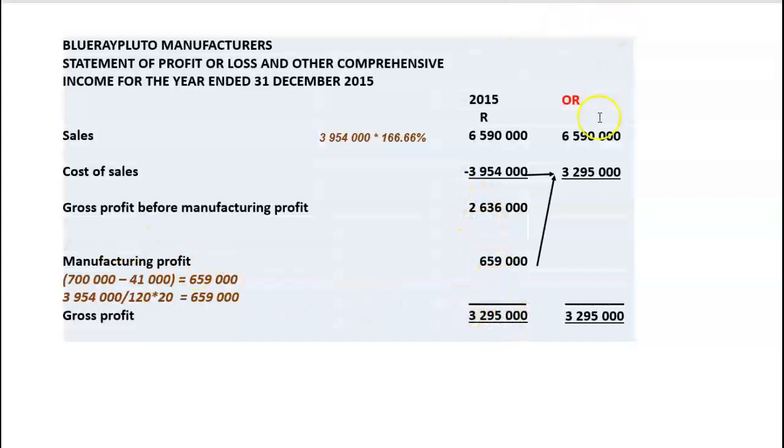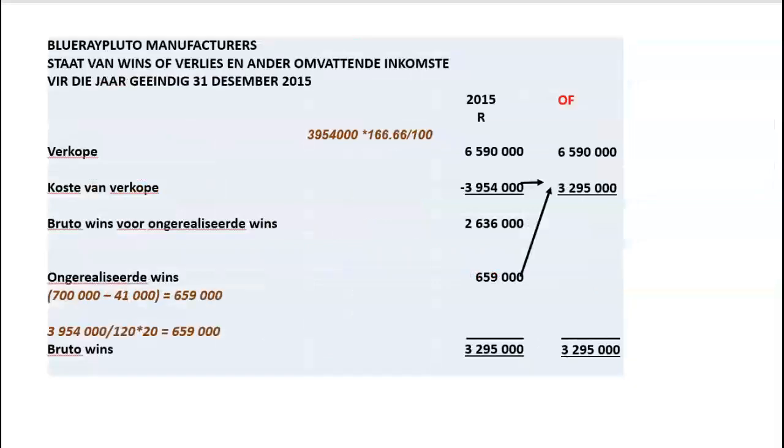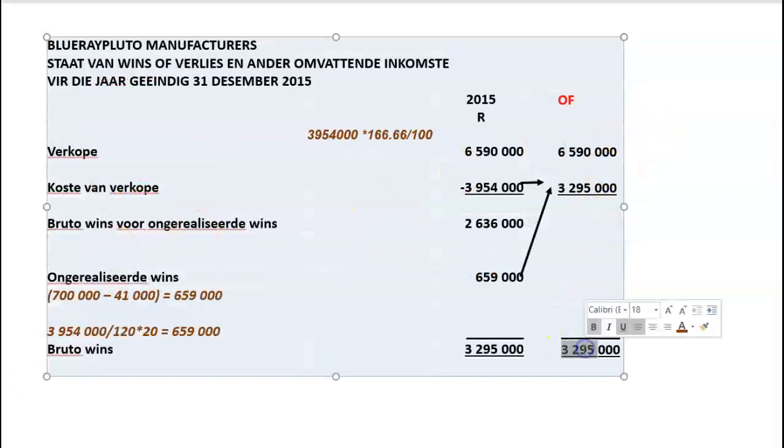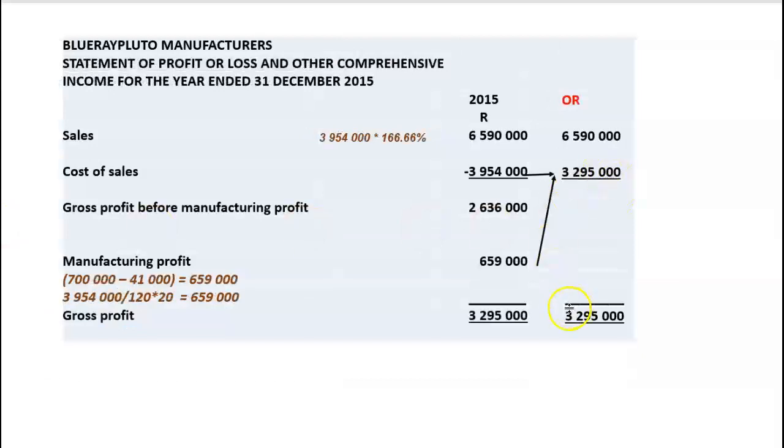Now, what I would really suggest that you do is this one here. Where did I get that 3,295? That 3,295 was purely the 3,954 less the 659, and that gave me the 3,295. And that leaves us with a gross profit at the end of the day of 3,295,000.